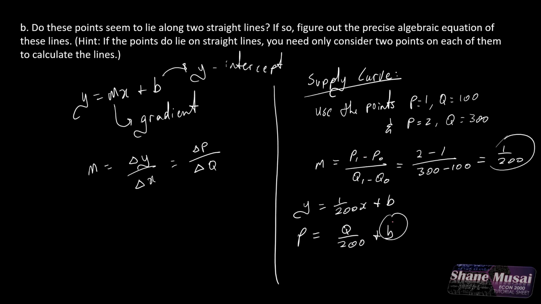So now we need to calculate b, and to calculate b we just need to use 1 point. So we'll use the point where price is equal to 1 and quantity is equal to 100. Let's write back the equation. Price is equal to Q over 200 plus b.